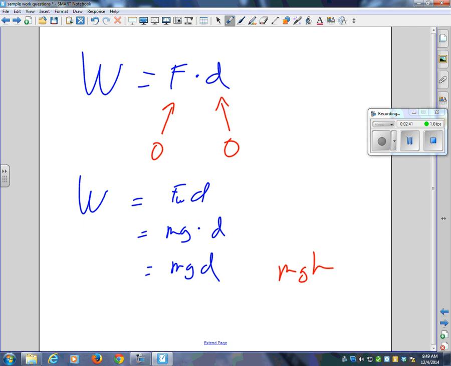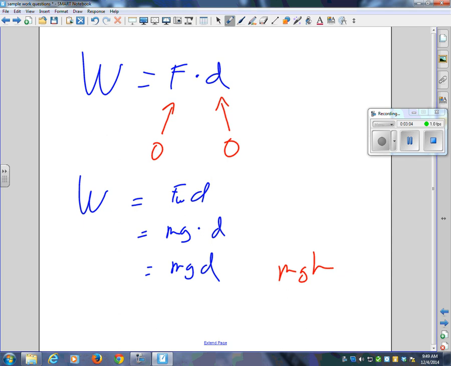Case number four: you've got something like a big statue sitting on a pole. Any work done? No work done. Weight force, no work done. D is zero. What about a man carrying his briefcase awkwardly in front of him? No work done. How come? Is he applying a force?